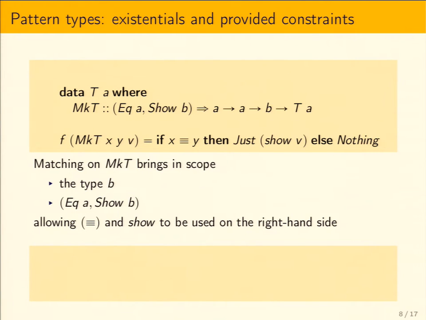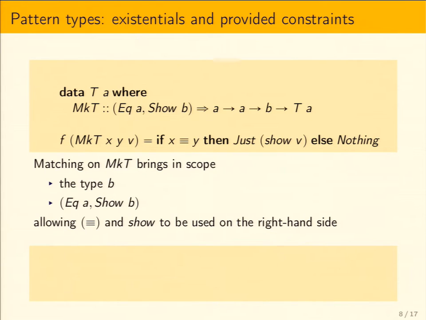And then it turns out that there's another kind of interplay between type classes and pattern matching. In this example, which doesn't use pattern synonyms, this is vanilla Haskell plus some GHC extensions code, which uses a GADT where the constructor has an existentially bound type variable B, and it has a constraint on the constructor, Eq A and Show B. So what happens when we pattern match on this constructor?